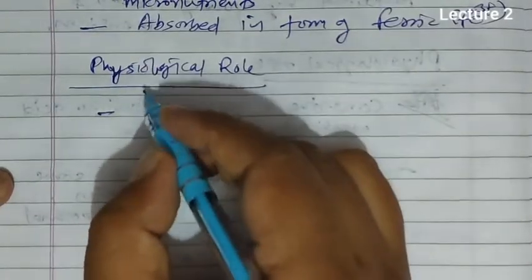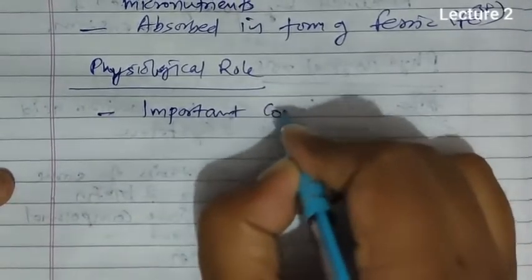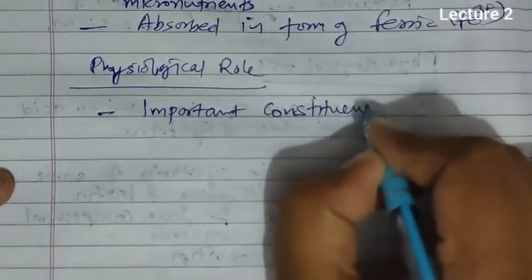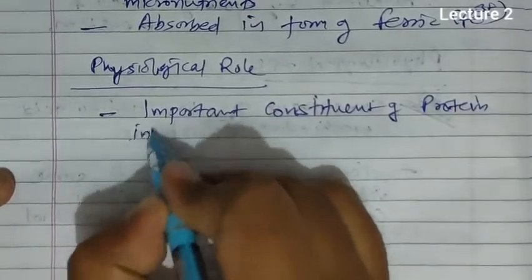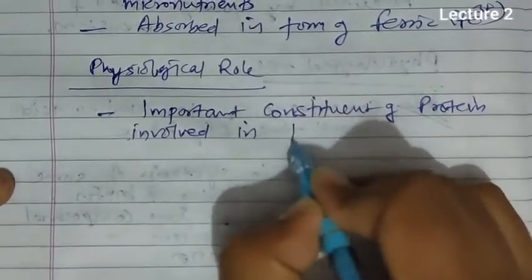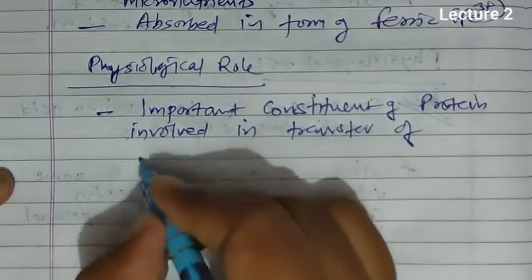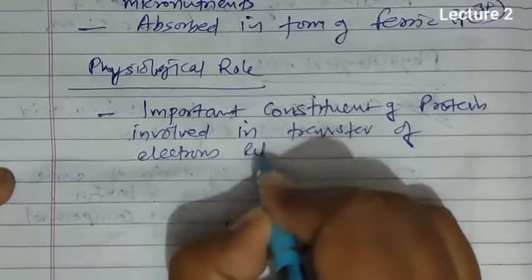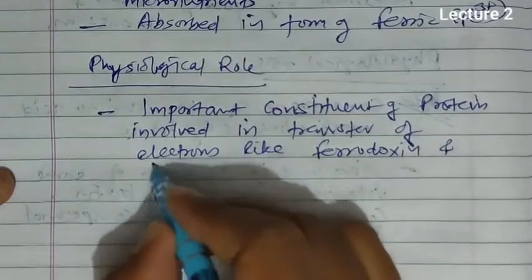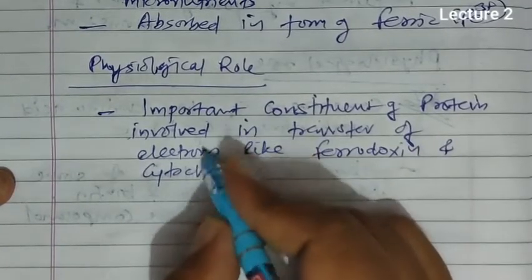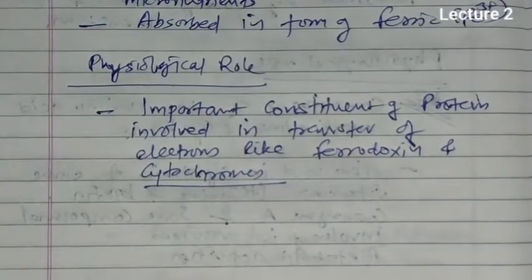It is an important constituent of proteins involved in transfer of electrons, like ferredoxin and cytochromes. So it is a part of cytochromes and ferredoxin.